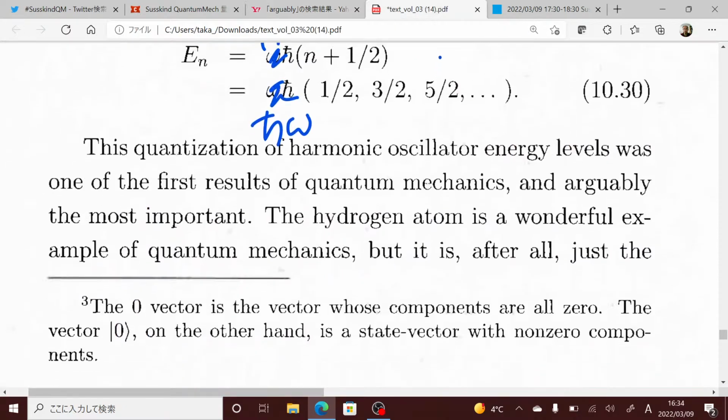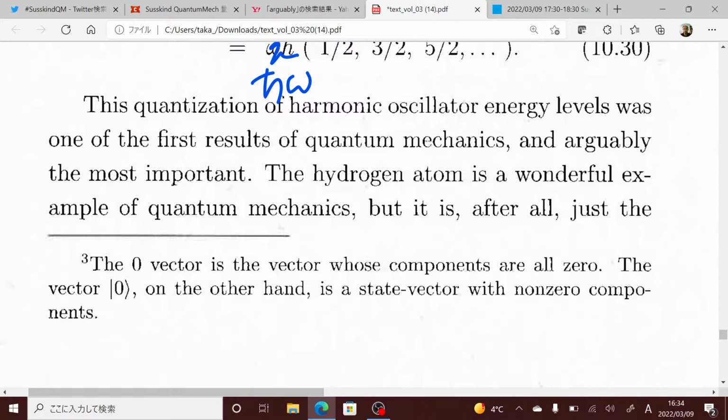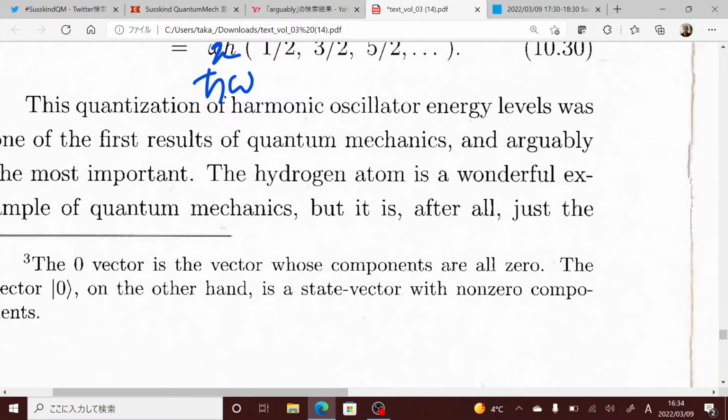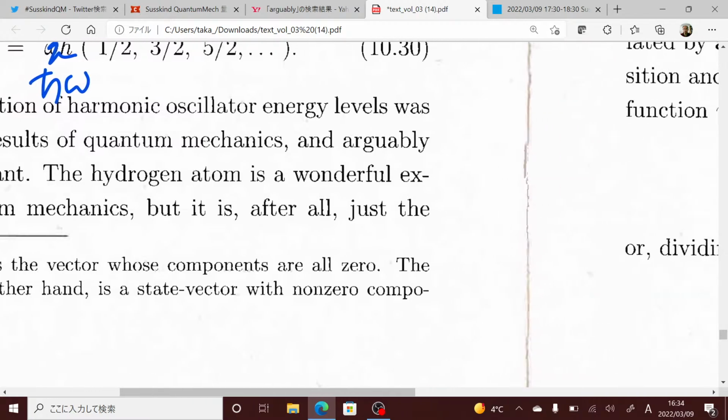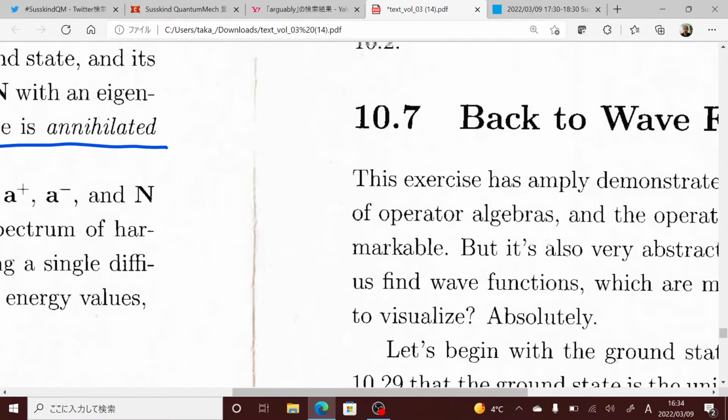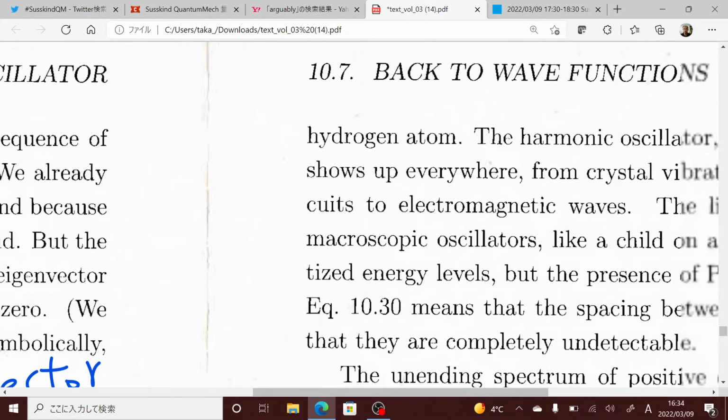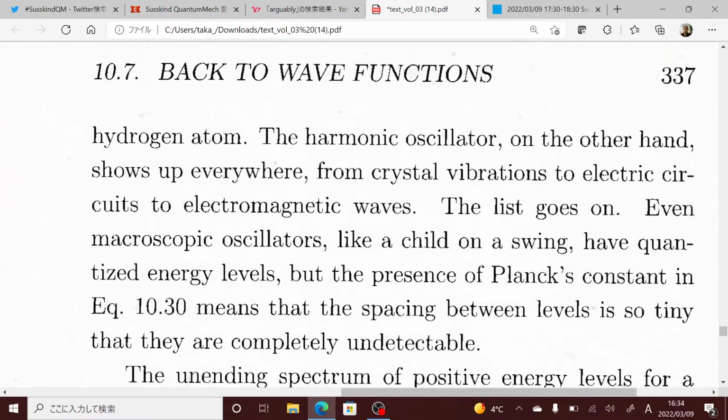Arguably the most important. The hydrogen atom is a wonderful example of quantum mechanics. But it is, after all, just the hydrogen atom.